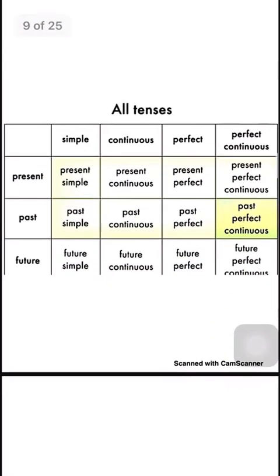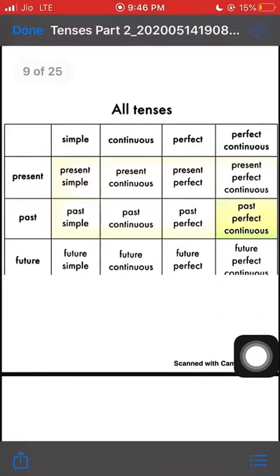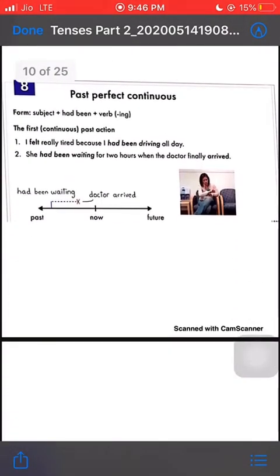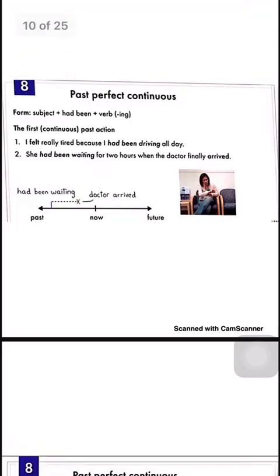Okay, now moving further, let's move to the past perfect continuous. So we make the past perfect continuous with subject plus had plus been plus the first form of the verb plus ing.